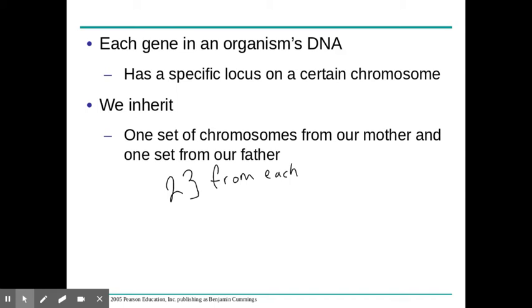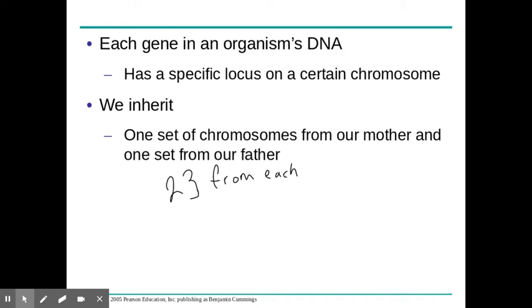Each gene will also be inherited. So you get 23 from each parent. Humans have 46 total chromosomes. However, it's essentially 23 pairs. You get 23 from your mom and 23 from your dad to create you, which is why you resemble them, but you don't look exactly like them.